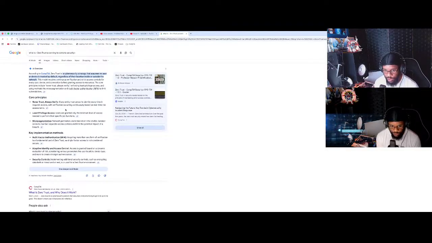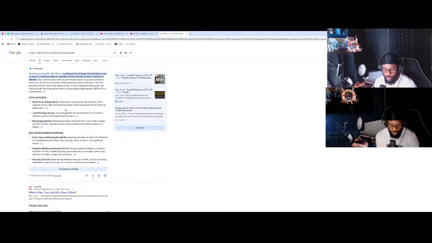Then let's talk about microsegmentation. So network perimeters are broken down into smaller isolated zones to maintain separate access controls and limit the potential impact of a breach. So let's say you have a company and you break that company up into different parts.